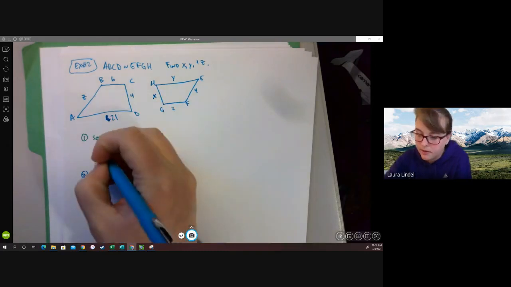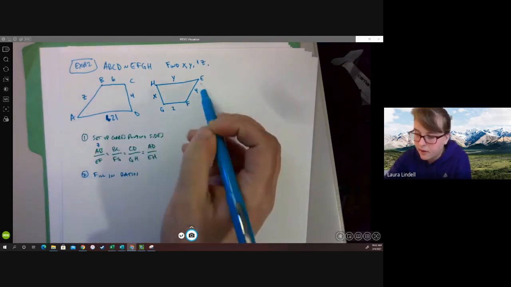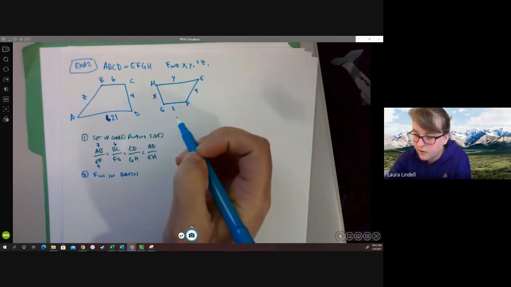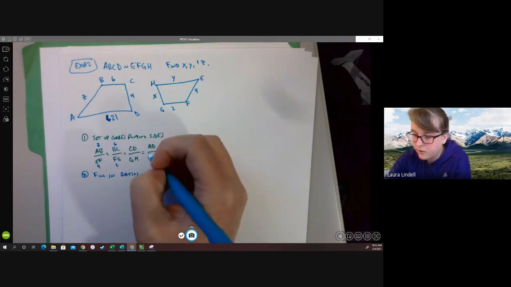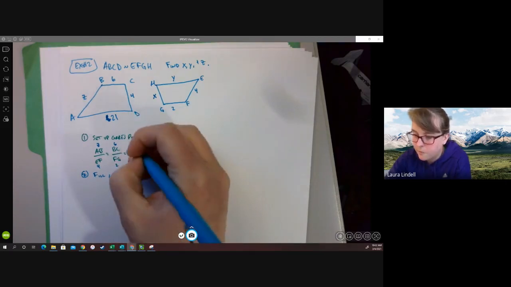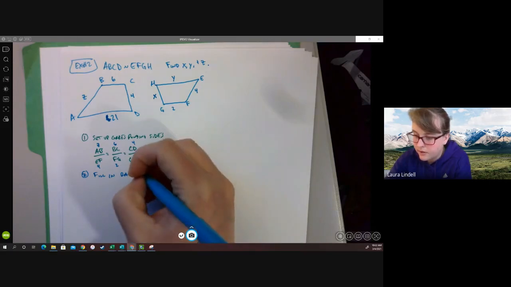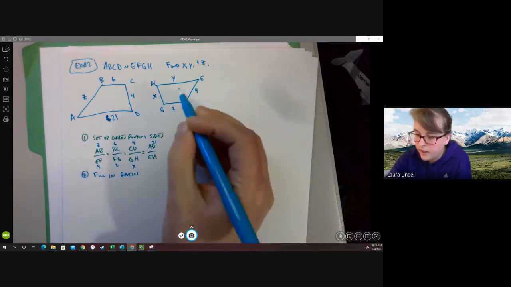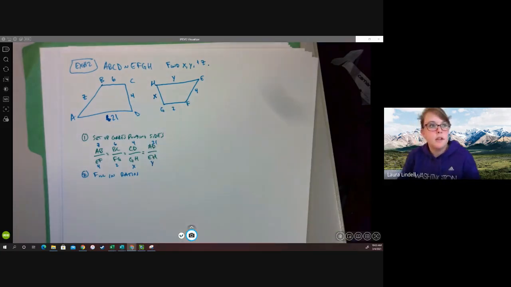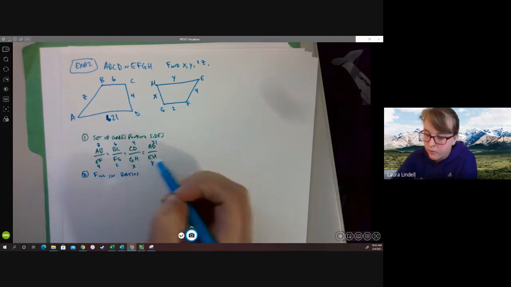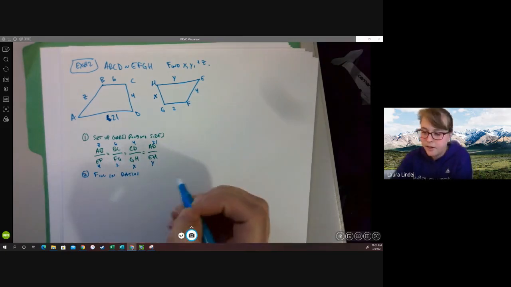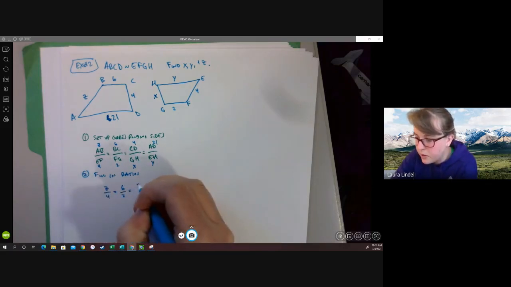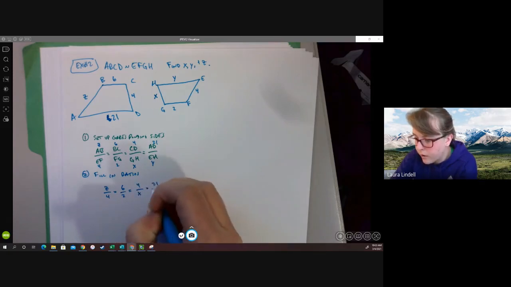So AB is Z, EF is 4, BC is 6, FG is 2, CD is 4, GH is X, AD is 21, and EH is Y. So once I've got those written in above where they go, I'm going to fill that in down here. We have Z over 4, 6 over 2, 4 over X, 21 over Y.